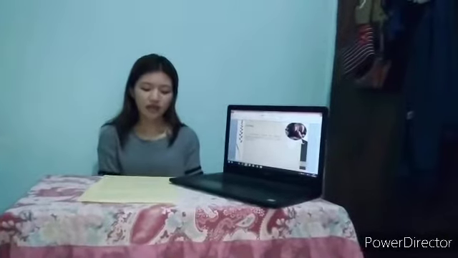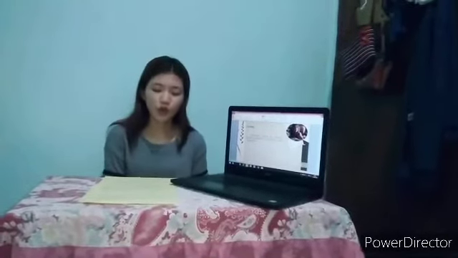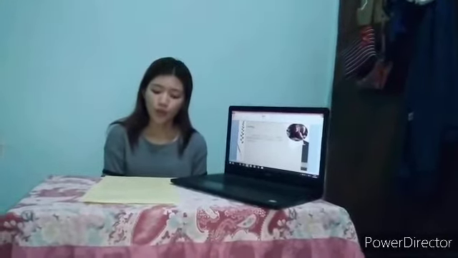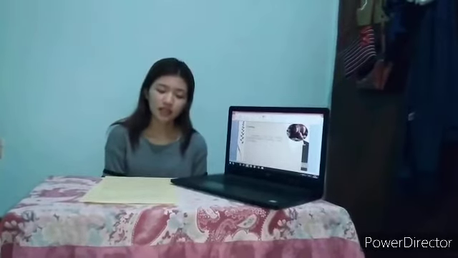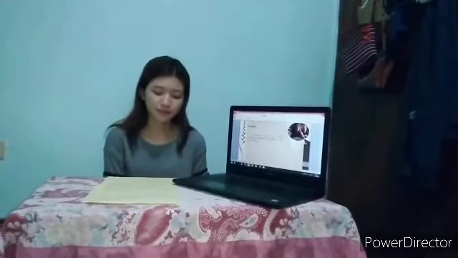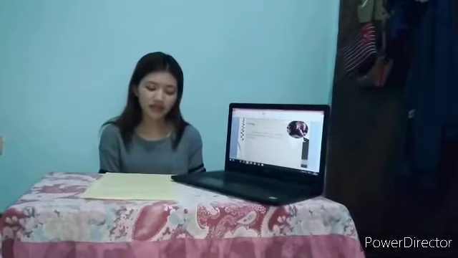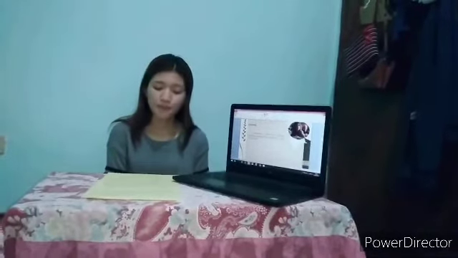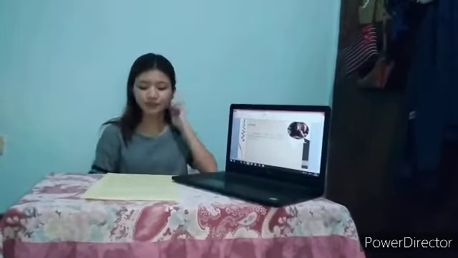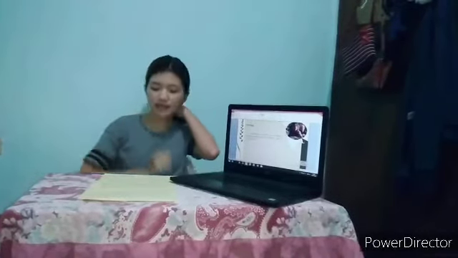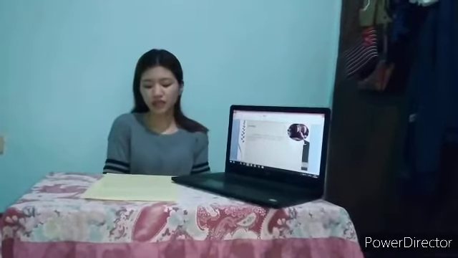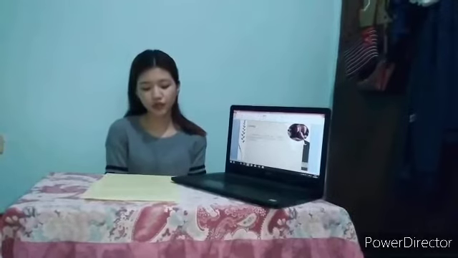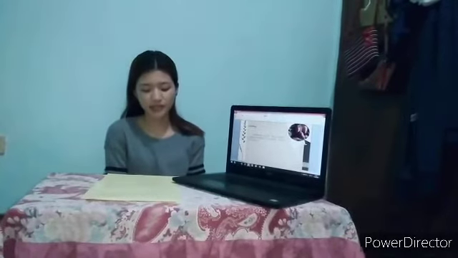Then the listeners are explained what they will listen to and why they will listen, and then the learners practice strategies in a meaning-focused context, and process what has been listened to for note-taking and summarizing.